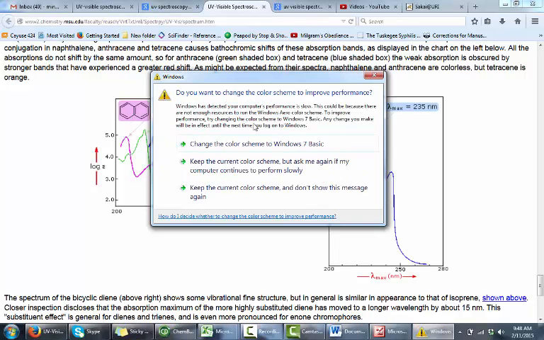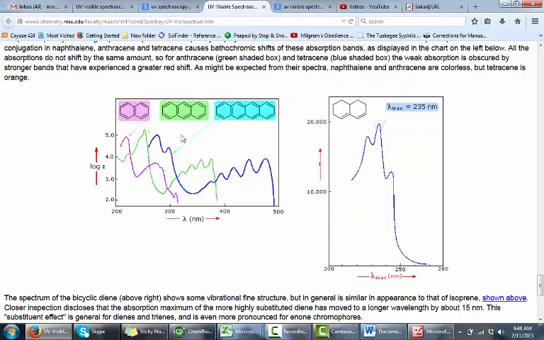Anthracene absorbs around 260 nanometers. And this fused tetracene, so 4 benzene rings all fused in a row, is now at around 300 nanometers. And I can keep pushing that further and further into the visible region, so longer and longer wavelengths corresponding to smaller gaps between the HOMO and the LUMO. Again, that's what's dictating the UV visible absorption, how big is the gap between the HOMO and the LUMO.